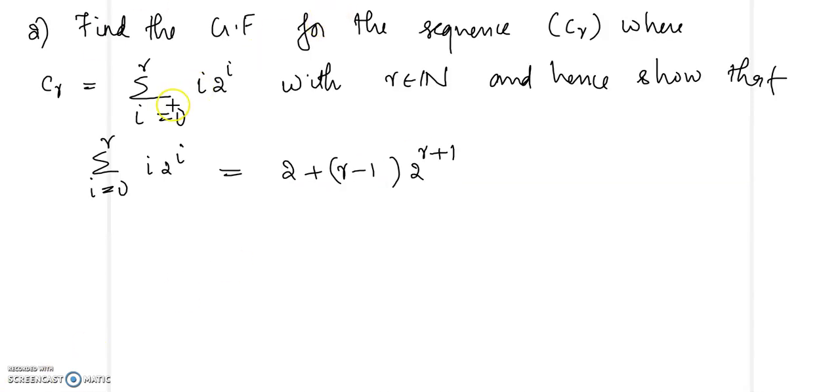We need to find the generating function for the sequence summation i equal to 0 to r i 2 raised to i. So let us start with first the sequence for 1.